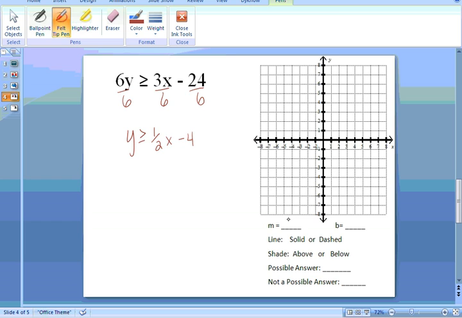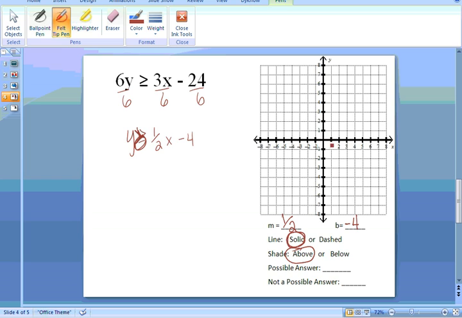So I've solved for y, so now my slope, my m, is going to be 1/2. My b is going to be -4. Since I have an equal to sign here, it is going to be a solid line. And since my y's are greater, my y's are bigger, I'm going to shade above.